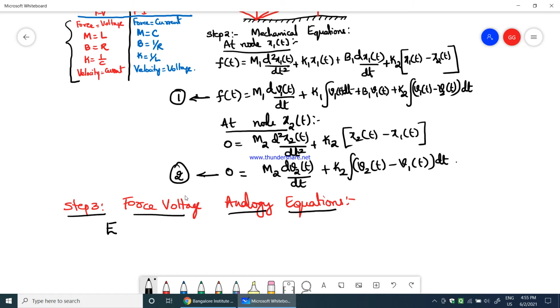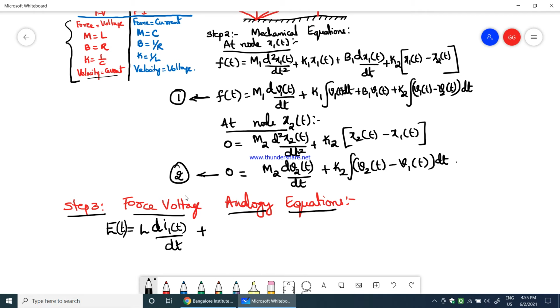So E of t equals M1, which is nothing but L, into dV1, velocity being analogous to current, therefore L into dI1 of t by dt. Numbering is very important, because here it is V1, therefore here it is I1.